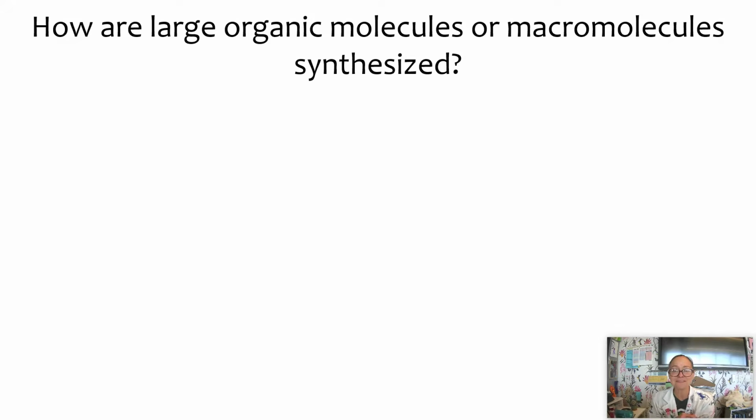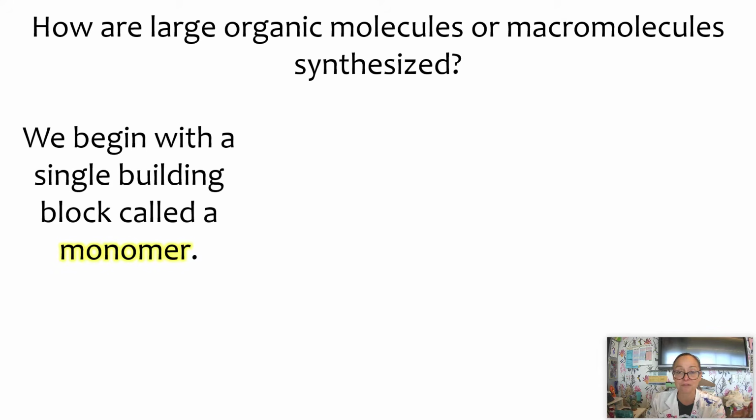Okay, so let's go ahead and talk about the introduction to organic molecules. In my previous video, we talked about carbohydrates, lipids, proteins, and nucleic acids. So these are our large organic molecules or macromolecules. Three out of four of those molecules are built in a similar fashion. These macromolecules often begin with what we call a monomer.